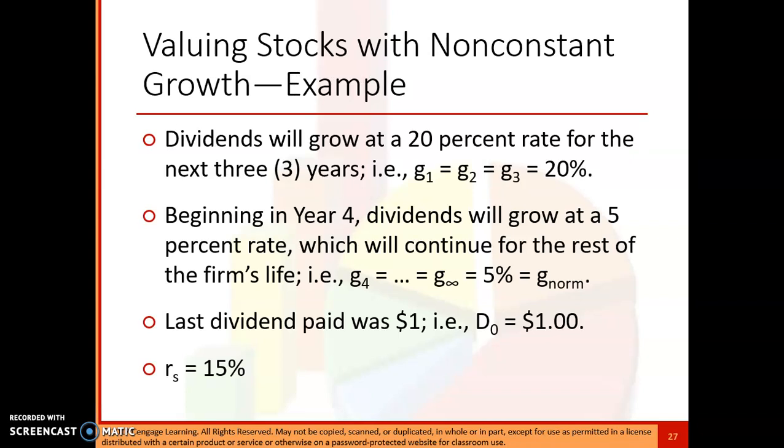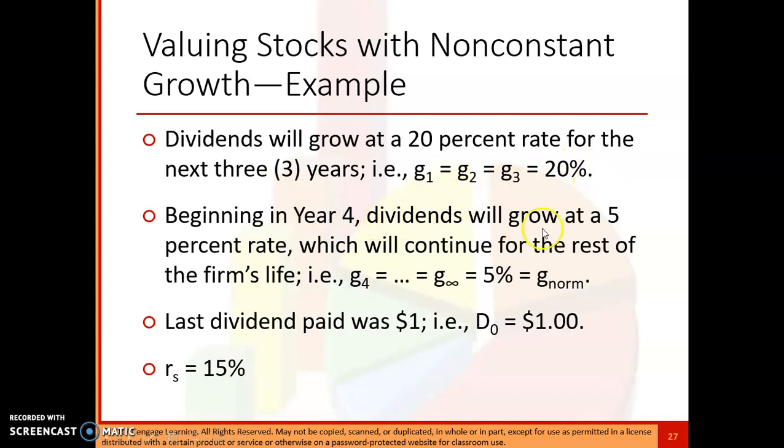This is the example that I walked through in the problem. We've got a company or stock where dividends are expected to grow at a 20% rate for the next 3 years. If I was looking at this, I would just call this G1. G1 is 20%, and it's going to last 3 years.